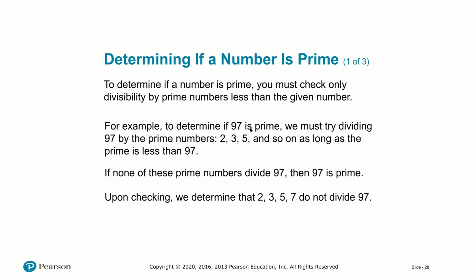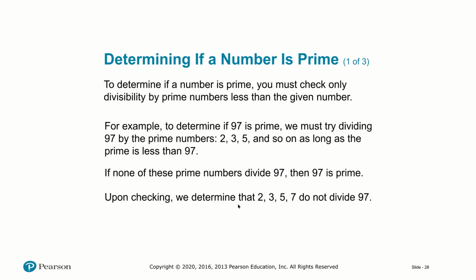So for example, to determine if 97 is prime, we must try dividing 97 by prime numbers 2, 3, 5, and so on, as long as the prime number is less than 97. So you must be thinking, well, that could be a bunch of primes. Well, that's true, but there is going to be a theorem that's going to help us out a bit here, so not to panic.